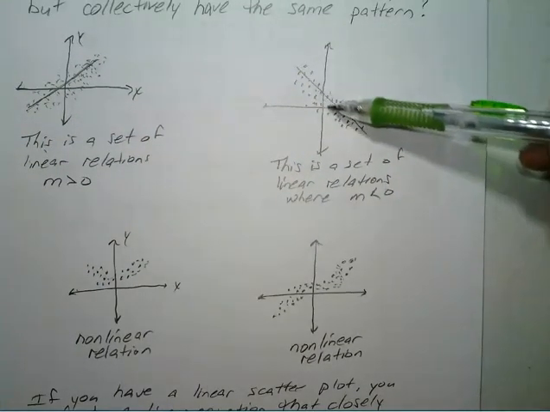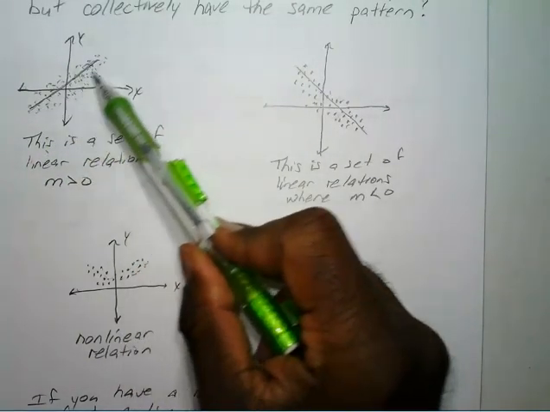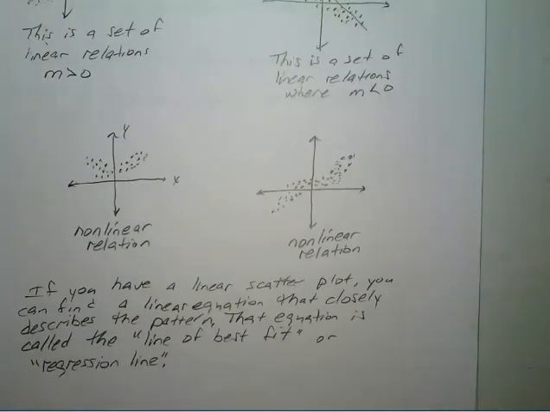You see this line describes the pattern of all these data points. That line is called the line of best fit or the regression line, and that's what we're going to make here.